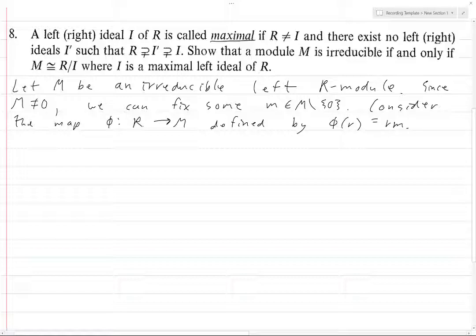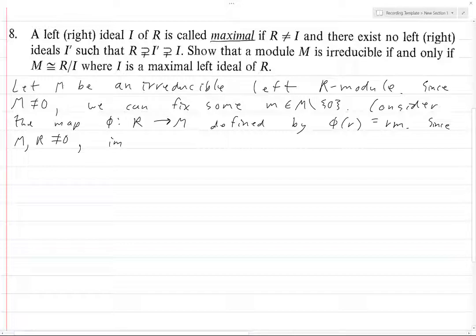And since M and R are non-zero, why is R non-zero? Would this question even make sense if R was 0?